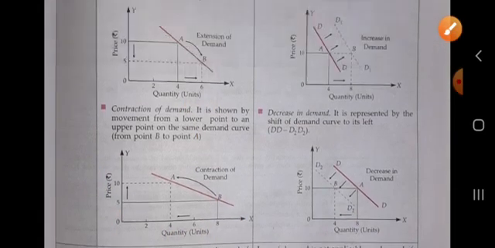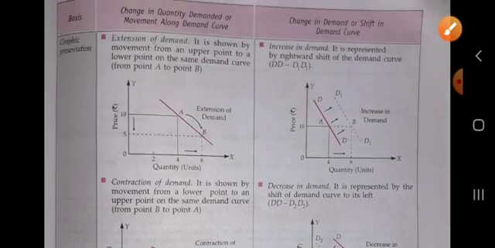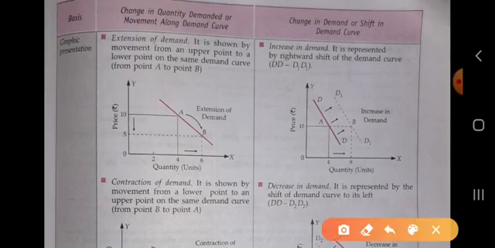Now, in the case of change in demand, the demand curve will be shifted rightward. Simply, when we take the price as constant at 10, it will shift from point A to point B. It shows the increase in demand.